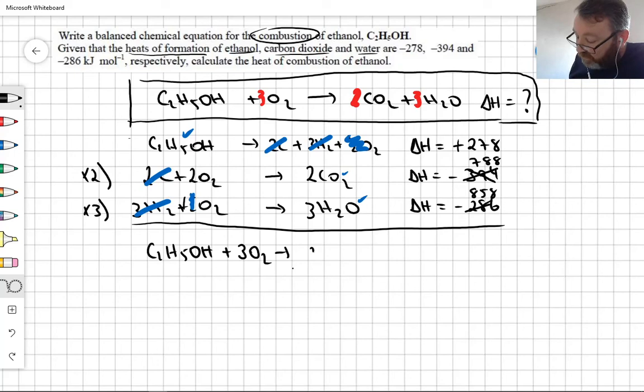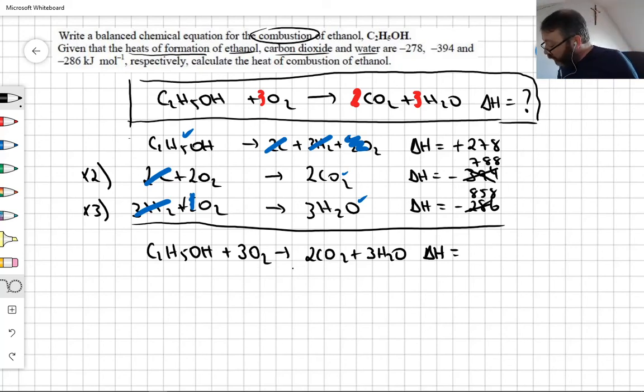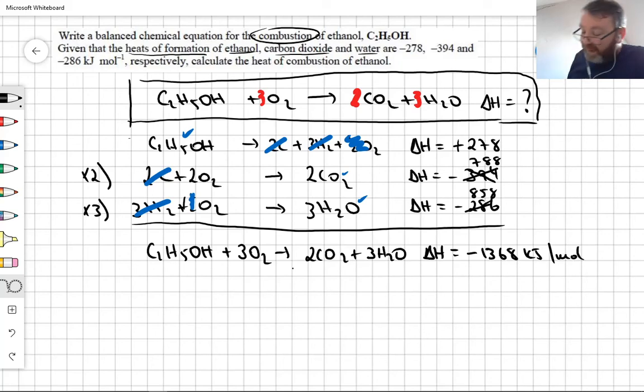Go over to give 2 CO2 and 3 H2O, and delta H for this reaction is simply whatever your calculator tells you when you put in 278 and take away from that 788 and take away from that 858. And the answer comes out as minus 1368 kilojoules per mole. And that is the heat of combustion of ethanol.